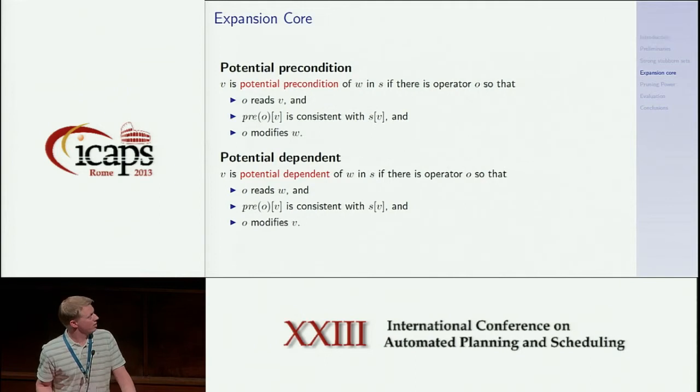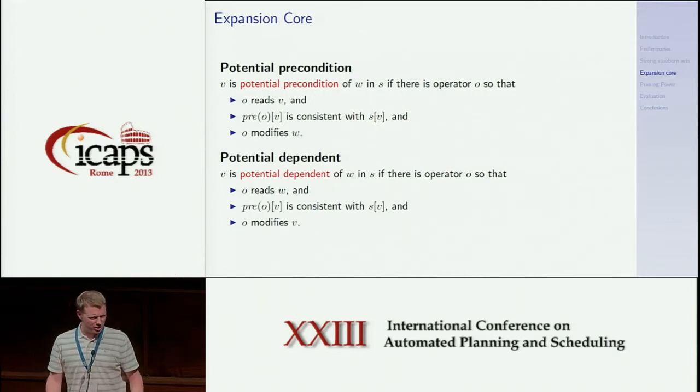So variable v is a potential precondition of variable w in the state S if there is an operator such that this operator reads the variable v, it modifies the variable w, and the precondition of O considering the variable v is consistent with the current value of v in the current state.